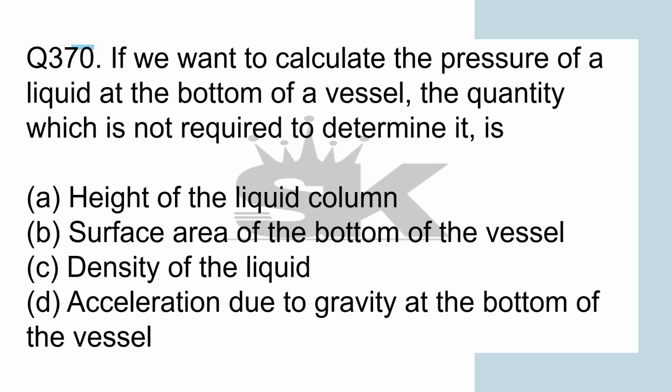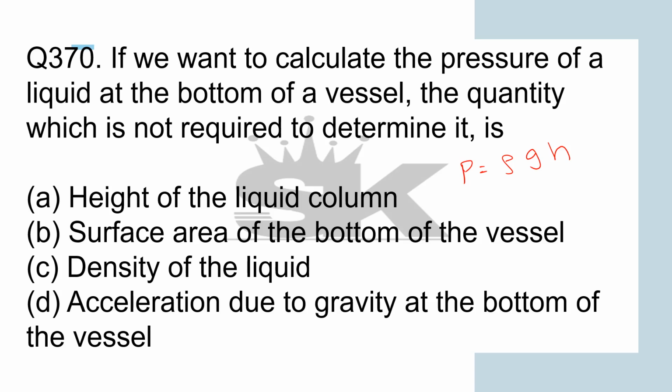So here P equals rho g h, right? Rho means density of the liquid, g is acceleration due to gravity, okay? h is the height of the liquid or depth of the fluid. So height of the liquid column is eliminated, since pressure depends on the height.